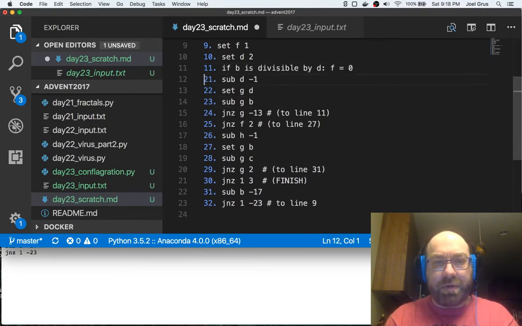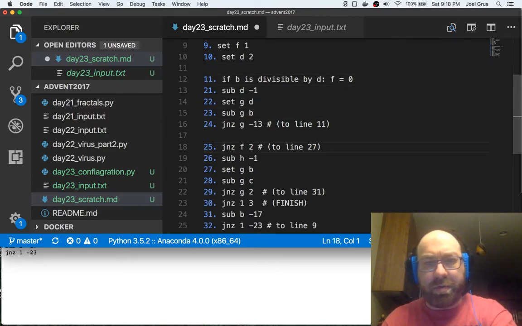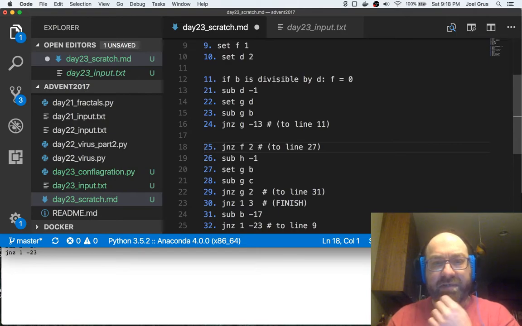Okay, so now we have this group of things which goes back to line 11. So again, we can say D equals, subtract off D minus 1, so that means D equals D plus 1.